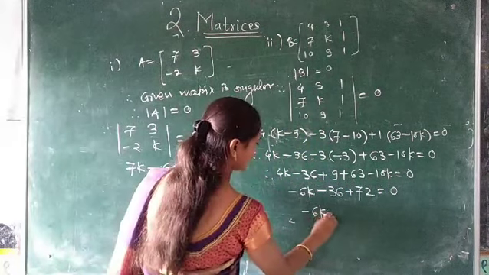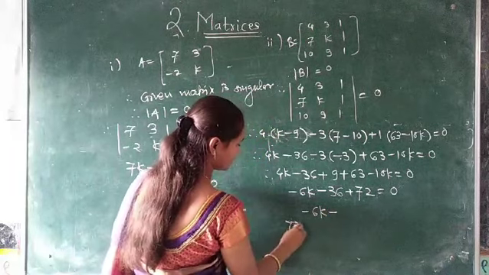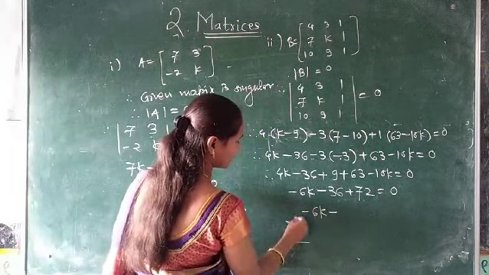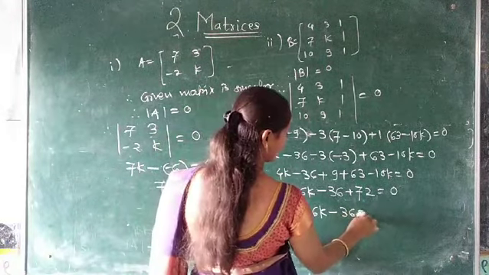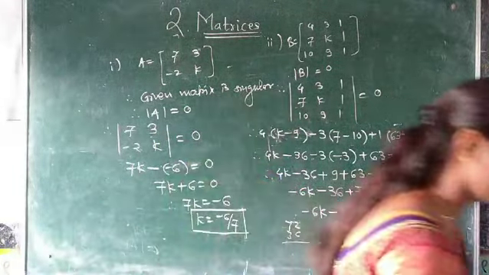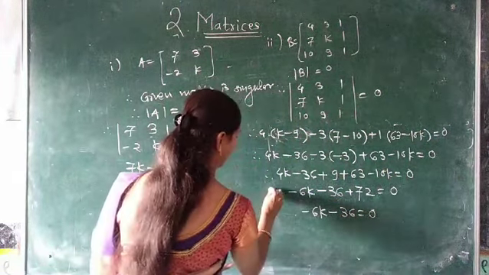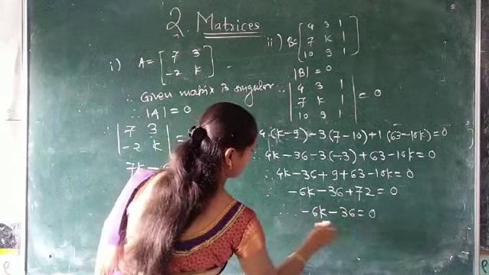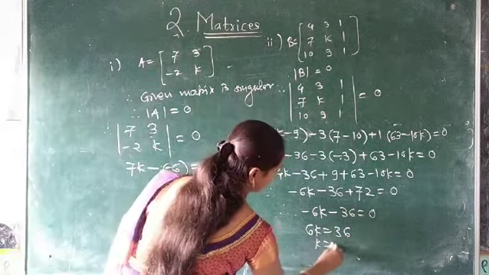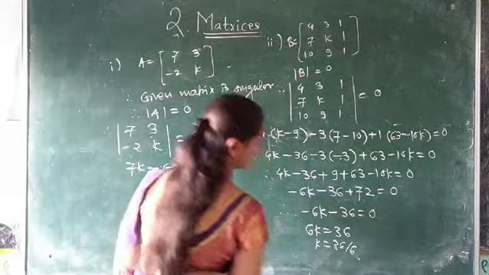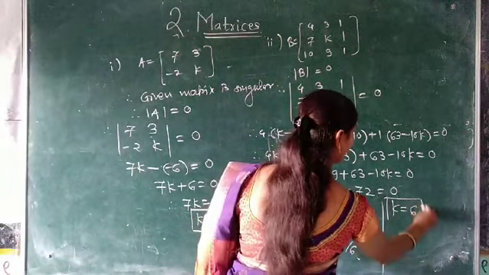So minus 6K plus 36 is equal to 0. Therefore, 6K is equal to 36, K is equal to 36 upon 6. Therefore the value of K is equal to 6.